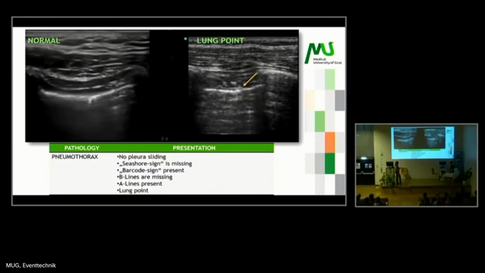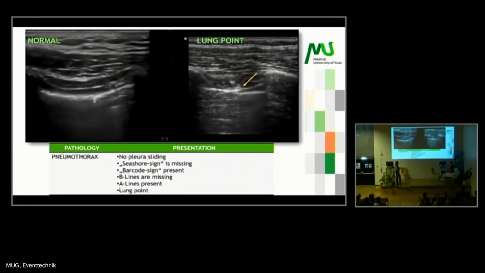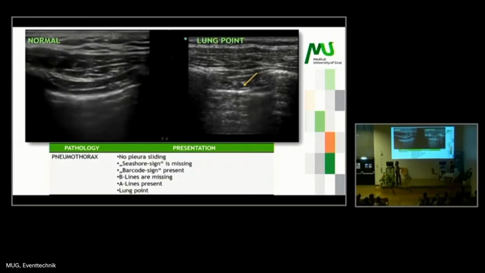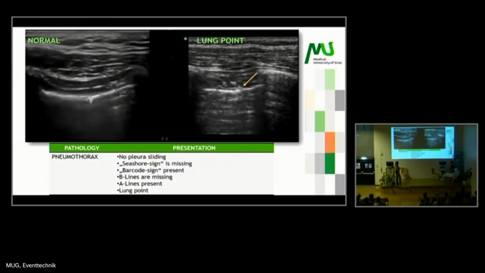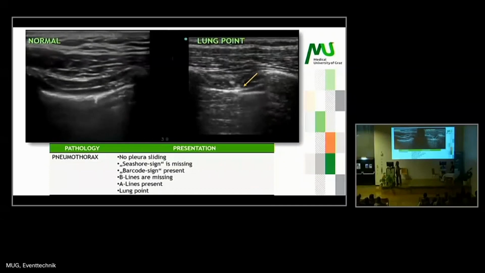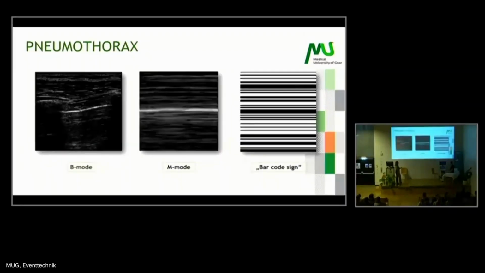We see the A lines, there are no B lines. And as the patient takes a breath, here is normal lung and normal pleura that is moving. So this point shows that point which I have shown you in CT.